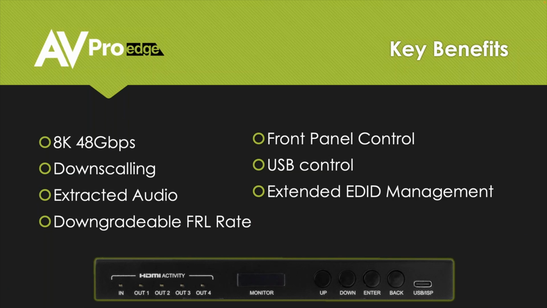Okay, now obviously the big feature here is these are 8K 48 gigabit distribution amplifiers. 8K in itself in the market right now is quite frankly not a big deal whatsoever. Unless you're doing your own photo thing or you're producing your own high-end video, you're not likely to actually have a lot of choices for 8K.